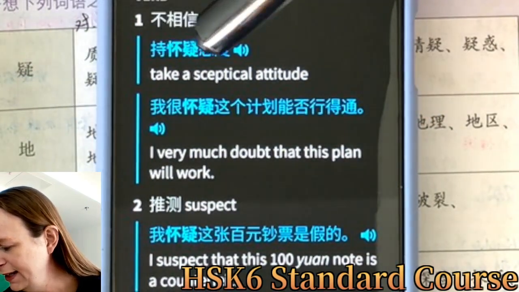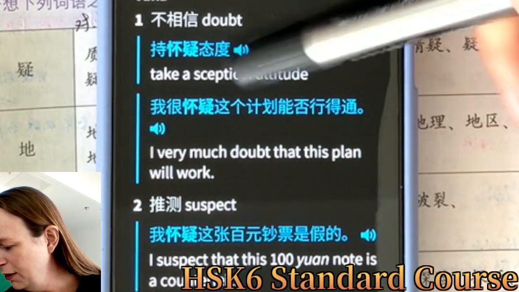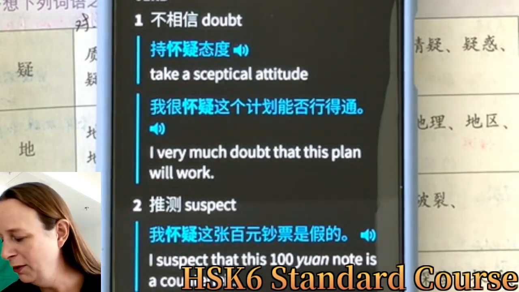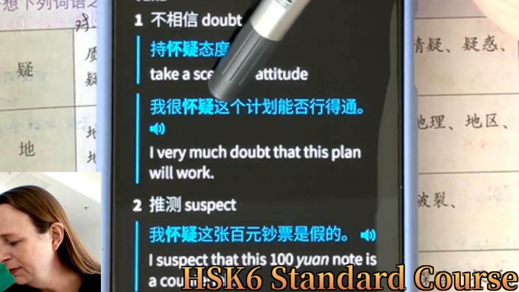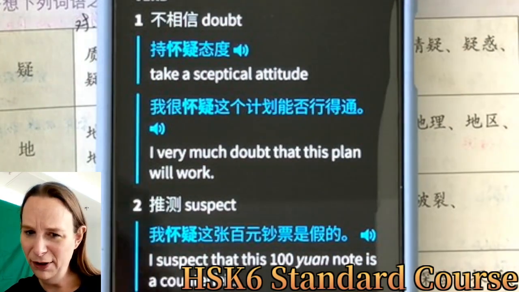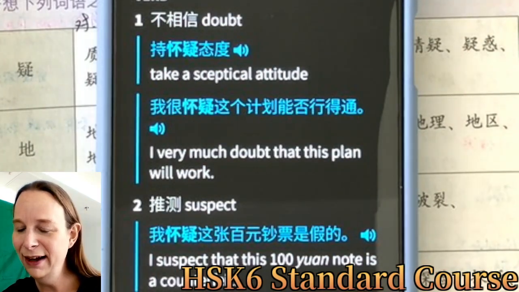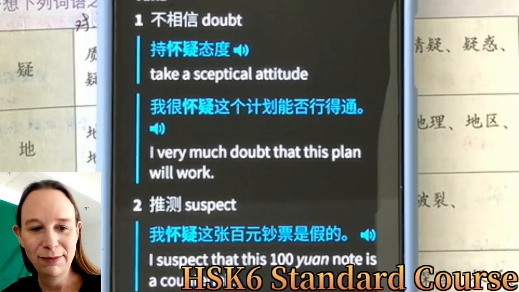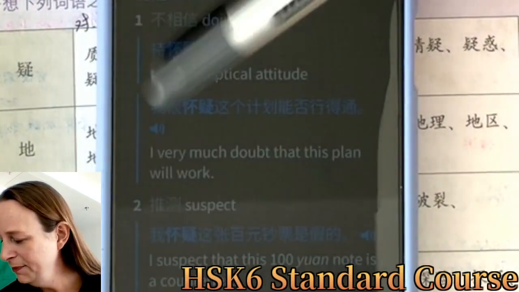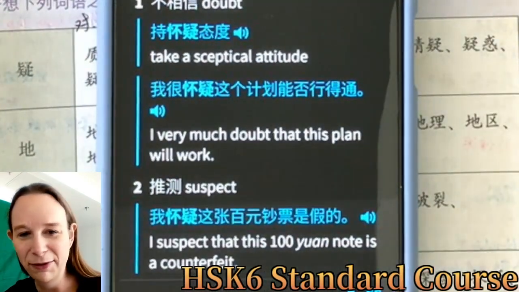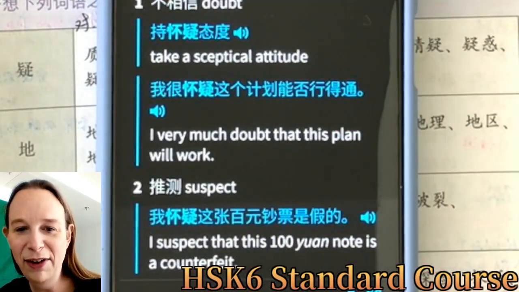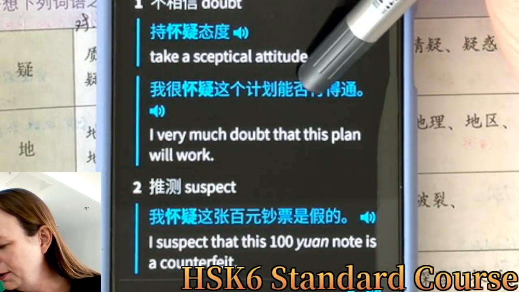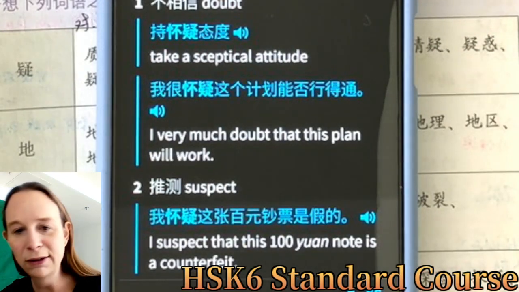持怀疑态度. 我很怀疑. Yeah, this is kind of used as an adjective, isn't it? 我很怀疑. No, it's a verb. It's a verb with 很 before. Yeah, you can do this, right? 我很喜欢吃中餐, something like that. It's a verb with 很 before it. I am very skeptical. 这个计划能否行得通?